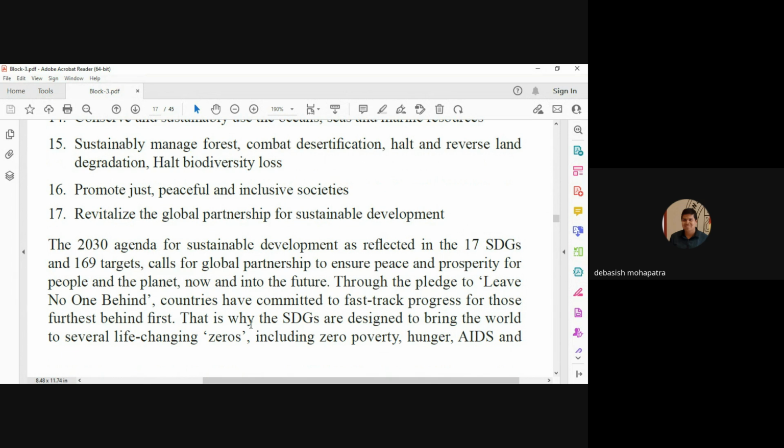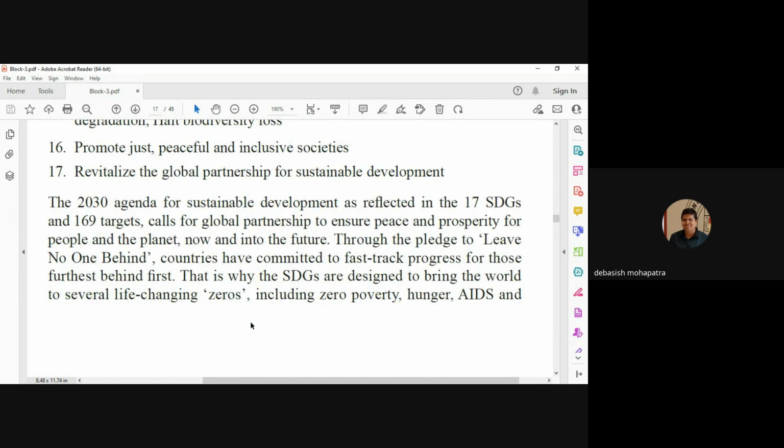So the 2030 Agenda for Sustainable Development, as reflected in the 17 SDGs and 169 targets, calls for a global partnership to ensure peace and prosperity for people and the planet, now and into the future. With the pledge to leave no one behind, countries have committed to fast-track progress for those furthest behind first.